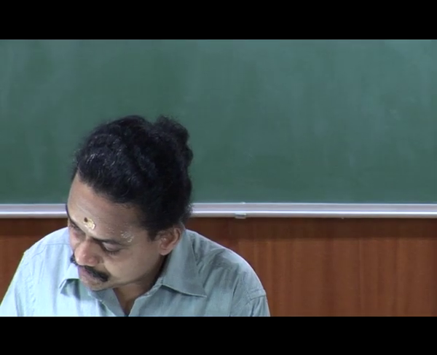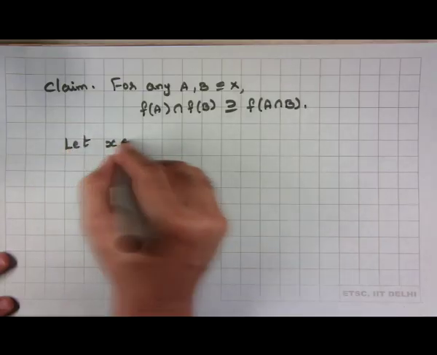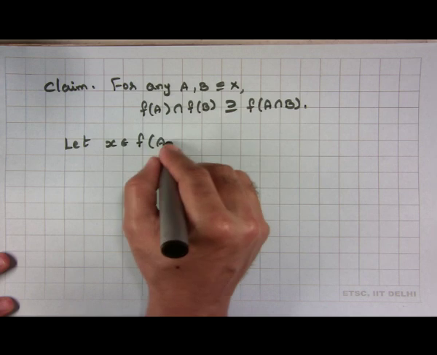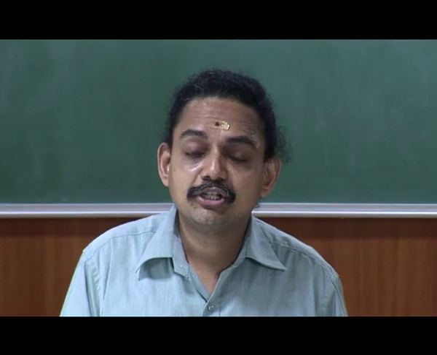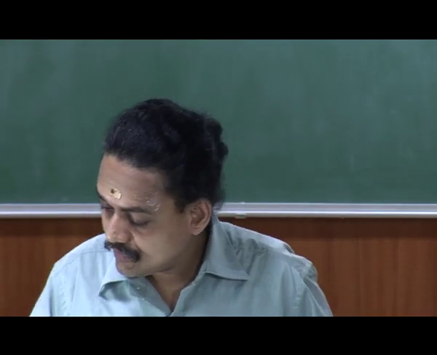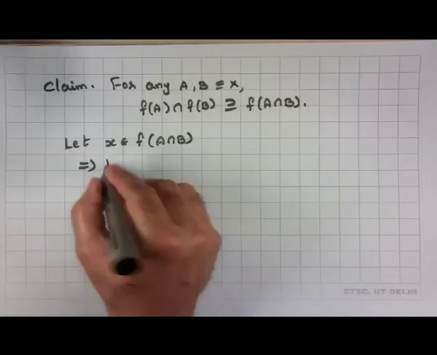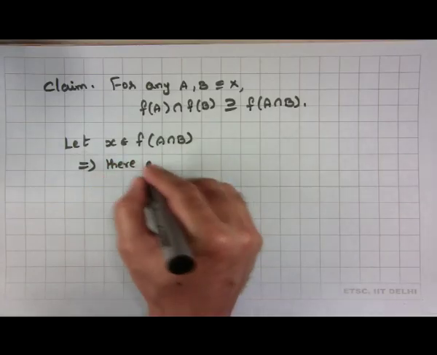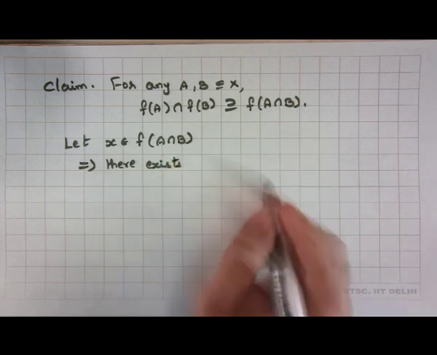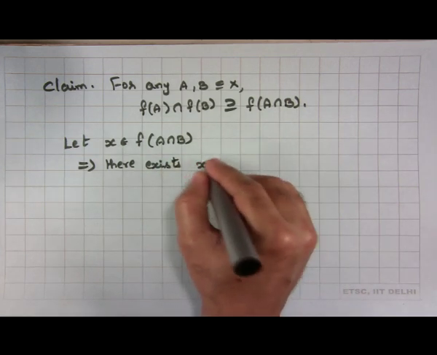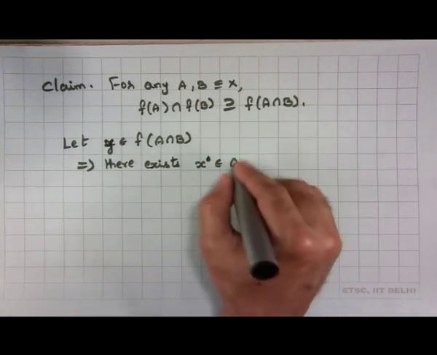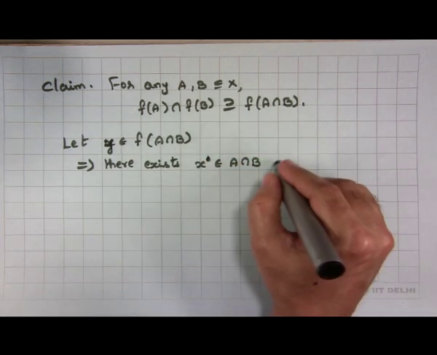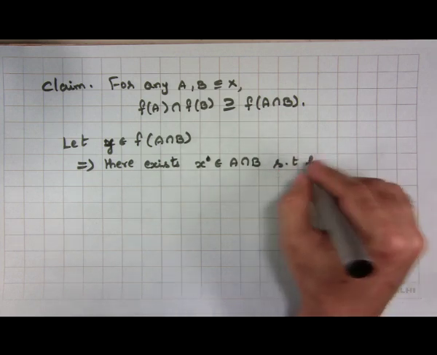So, let x belong to f of A intersection B. Once you know that x is in the image of A intersection B under the function f, that implies that there exists x dash, or let me call this y, such that x is in A intersection B and f of x is y.